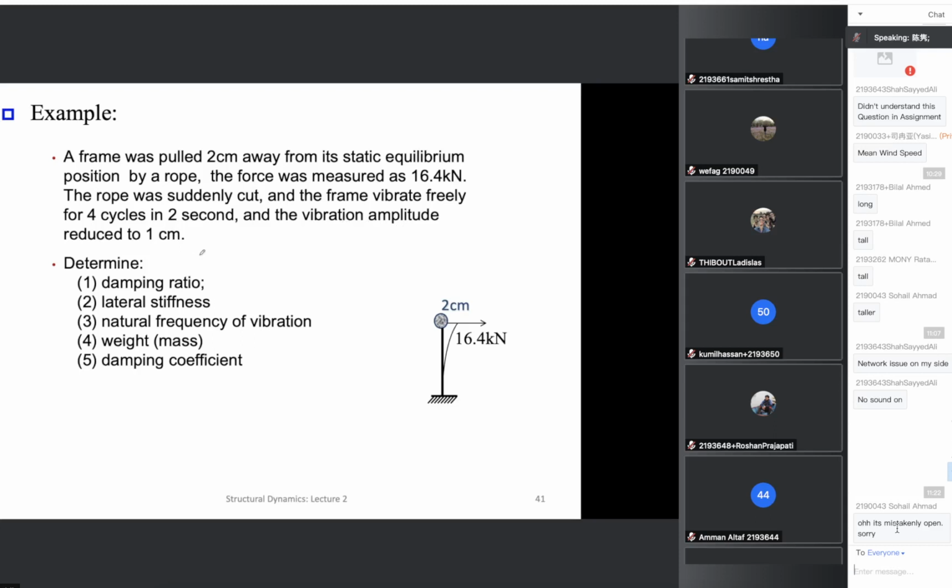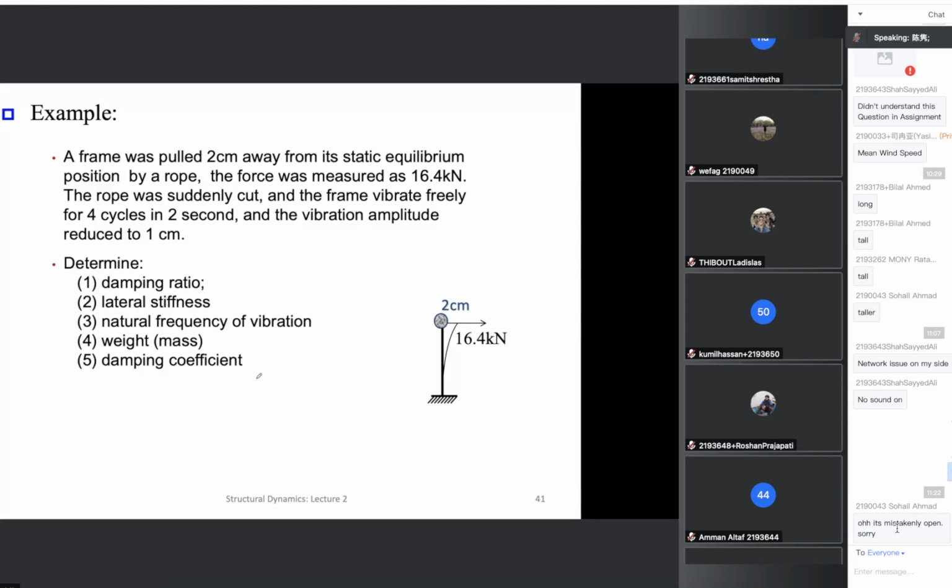So this is like we do experiments or a test on a real structure. These are all the values we got when we did the test. Based on all this information, I need you to determine the damping ratio, the stiffness of the structure, the natural frequency of the vibration, the weight or mass of the frame, and the damping coefficient. Almost every important dynamic property of the structure.